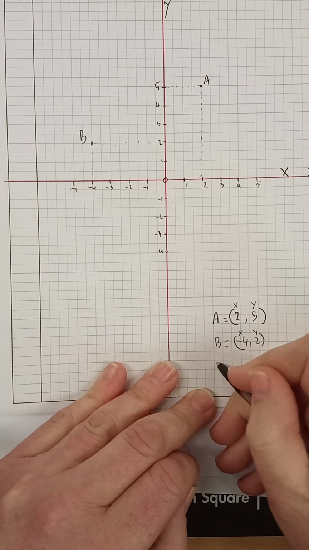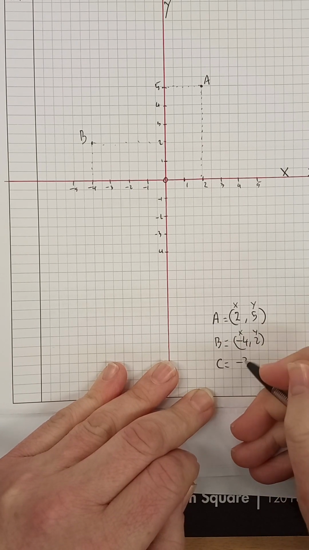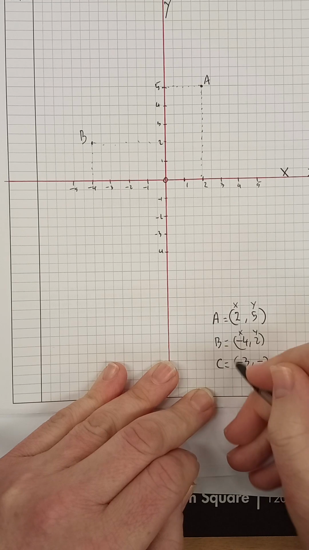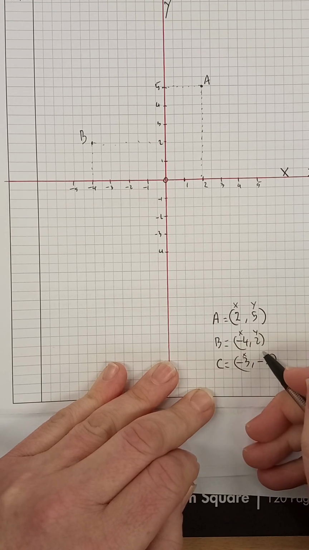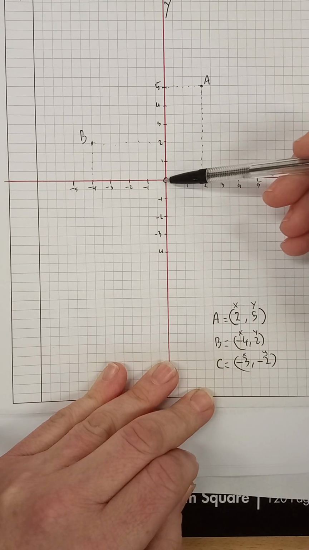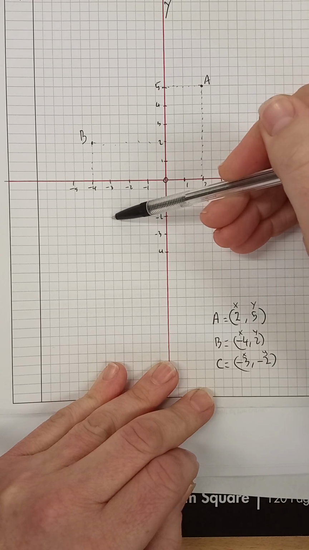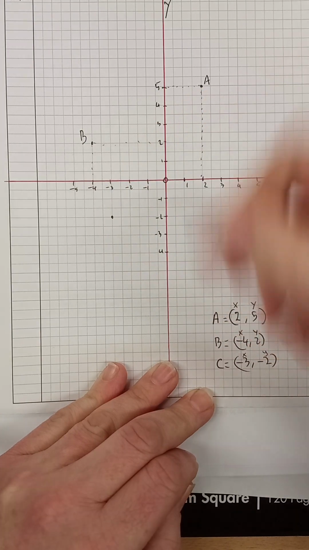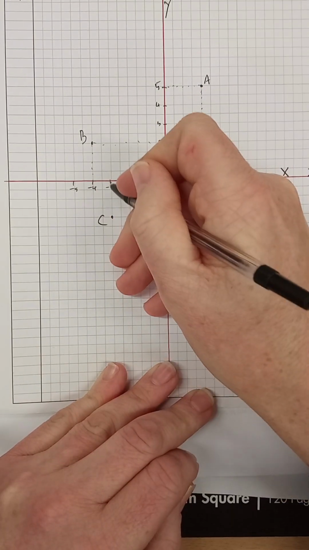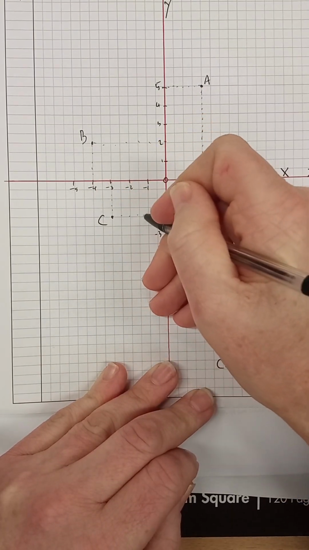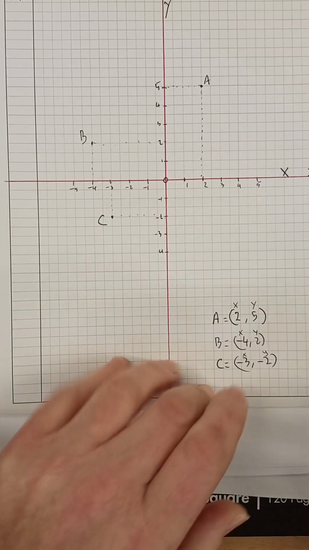Okay, I'll do another one. Let's say C is -3, -2. So again, there's my x, there's my y. -3 is there, -2 is there, so that is C. And again, visually, that's just showing you how your eye should read it off.